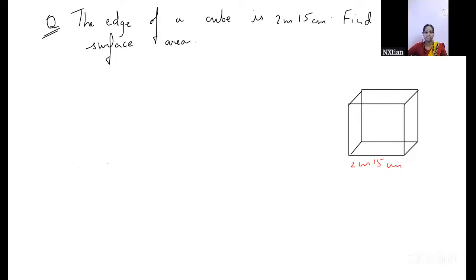Ma'am, I got 25.8 meters square. 25.8 meters square you got. Okay, check it out once again.